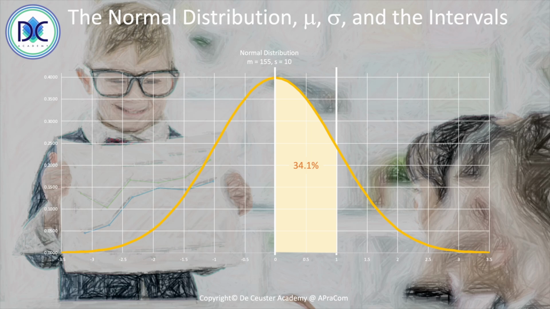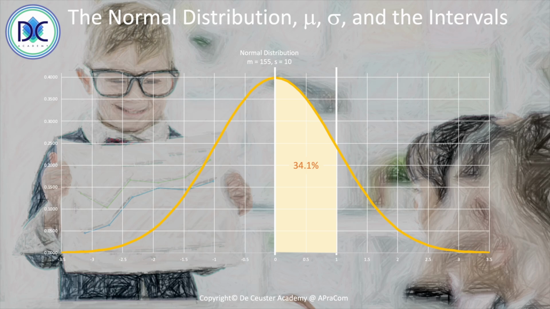I will talk about that later, but we see here the different values. And when we look at here, the yellow part here is the surface between the average and one standard deviation, which is 34.1%. But it's also important not to forget that this distribution is symmetric. It means that when we look at the mean, the mean is 155, and we look at the left, we have 50%, and we look at the right, we also have 50%.